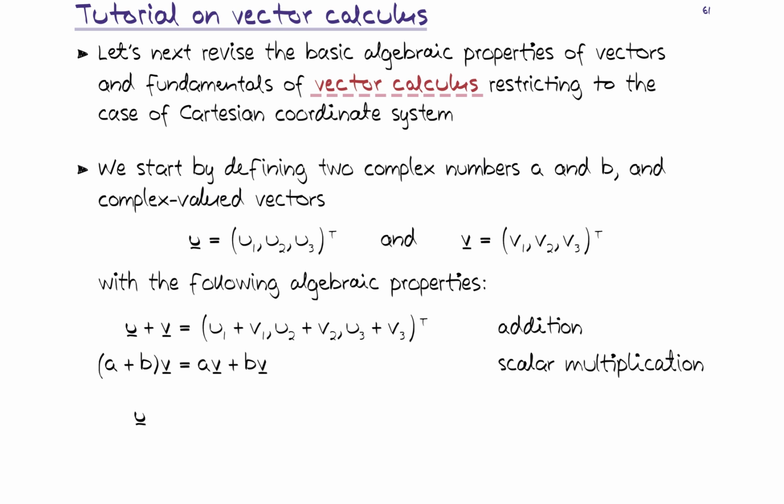We can also multiply two vectors together, and there are two different ways of doing this. The first results in a scalar and is known as the dot product, as shown on the slide. Here we multiply the different components and sum them.